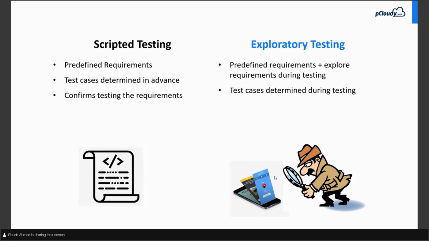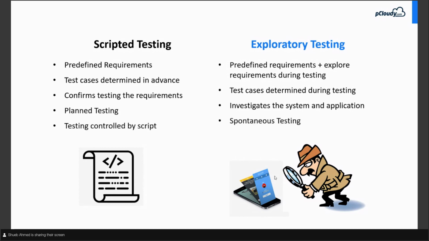Scripted testing confirms the requirements that you have predefined. On the side of exploratory testing, it investigates the system and the application while you are testing. And scripted testing is pretty much planned testing.